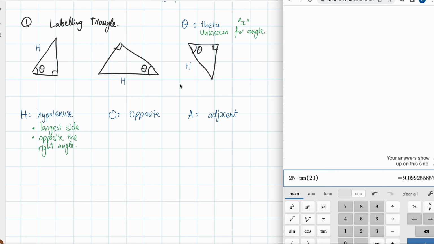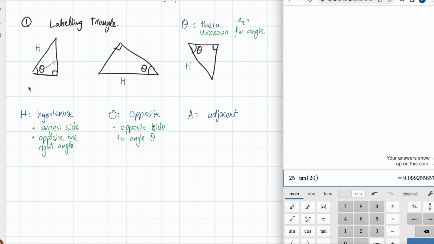We've got to label now opposite and adjacent. Let's do opposite. Opposite is always done from the perspective of the theta. So it's opposite side to angle theta. Now I'm going to look at these in orange. So we've got this value here. We can see this is the opposite side of our angle theta.